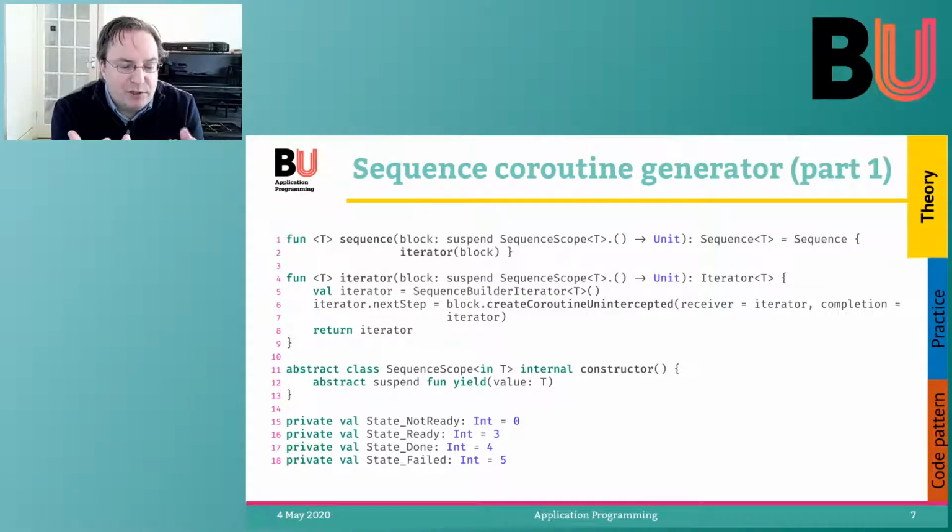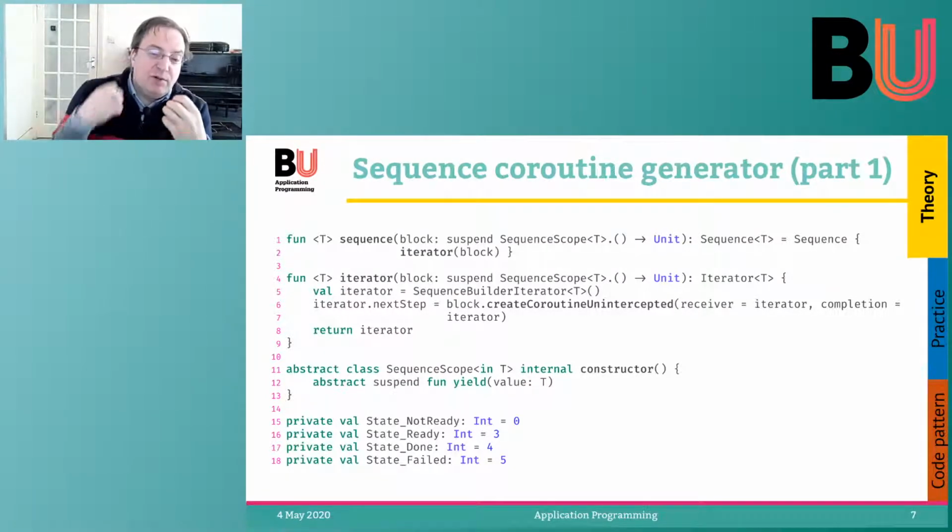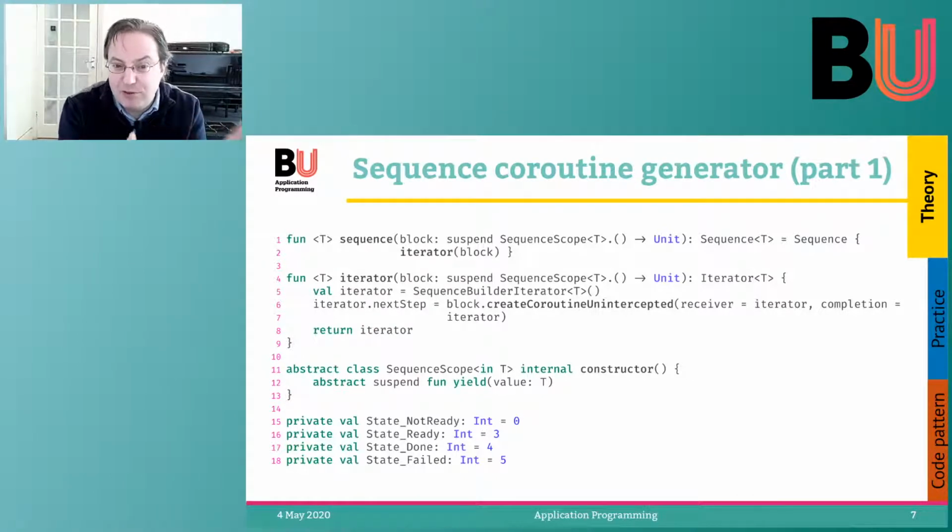This is a special function that creates an unintercepted coroutine from the suspend function, where we pass it two parameters. The iterator implements some other interfaces with coroutines to make this all work, and we'll look at that specifically. But it basically creates a coroutine and sets that as the next step. And when you create a coroutine, you effectively get a continuation, what to do next.